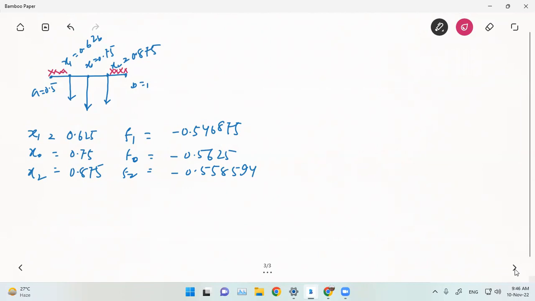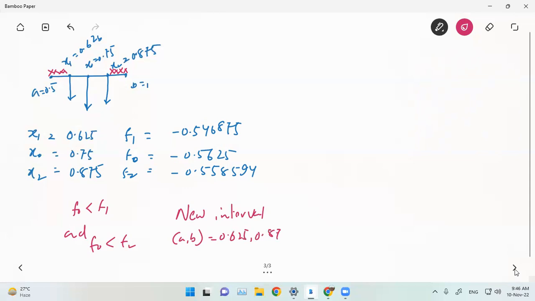Since f0 is smaller than f1 and f0 is smaller than f2, the new interval, new AB, will be 0.625 and 0.875. Again, you have to divide it equally.